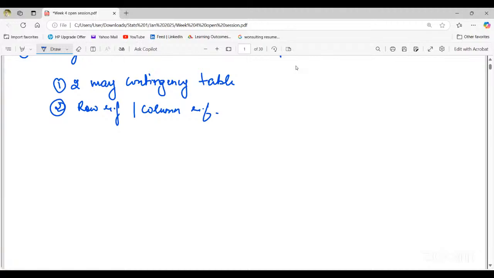It's a representation of data in two ways. Basically, it is a summary of the data. If we have a long data set and have to organize it, we use the contingency table.